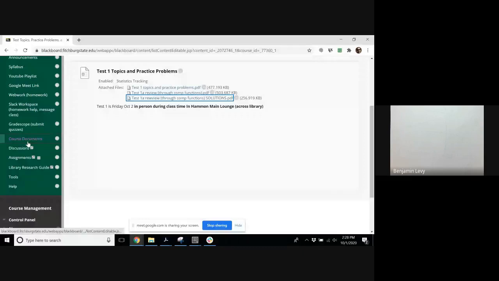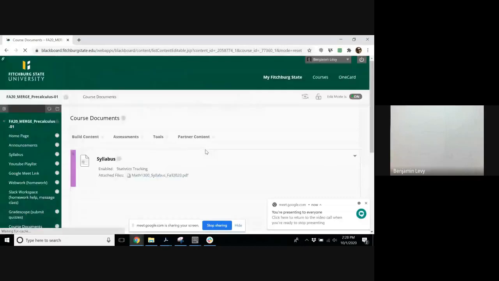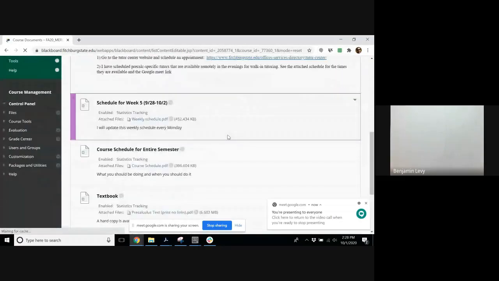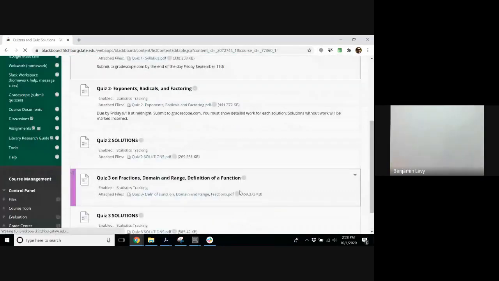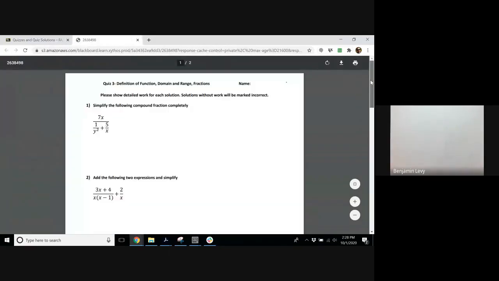As you go to Blackboard, course documents, right where you get the quizzes from each week, I post the solutions in that same folder after they're due. I usually try to wait until people submit them, but they're all there now. Here's quiz 2, here's the solutions. Quiz 3, solutions. And these quizzes are going to look a lot like the test. That's one of the reasons why I do these quizzes. These are very similar kinds of questions.